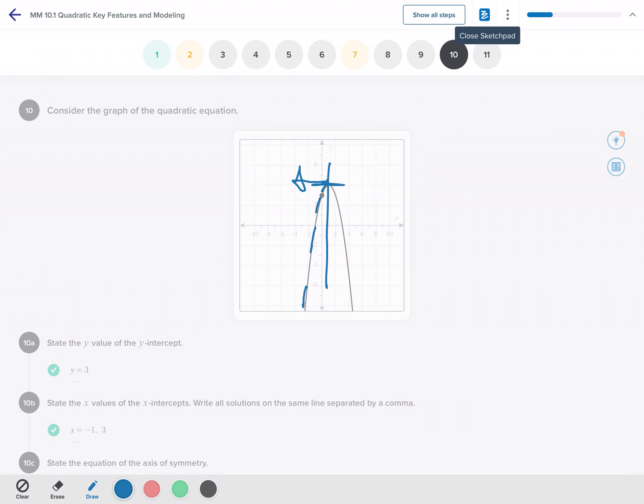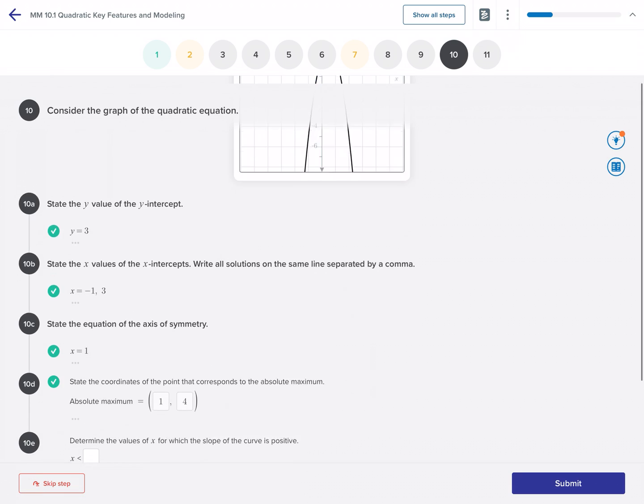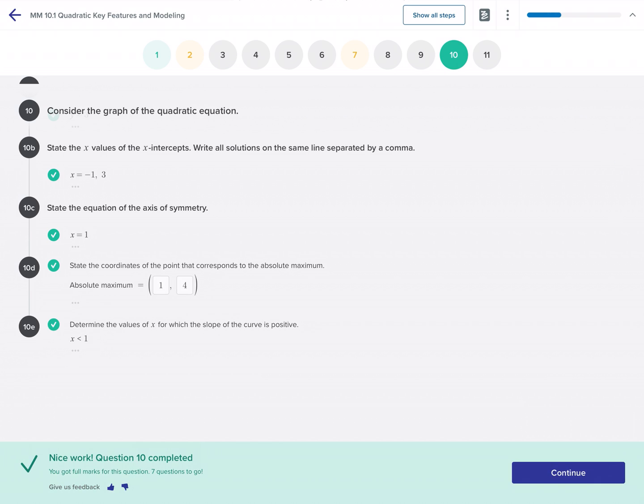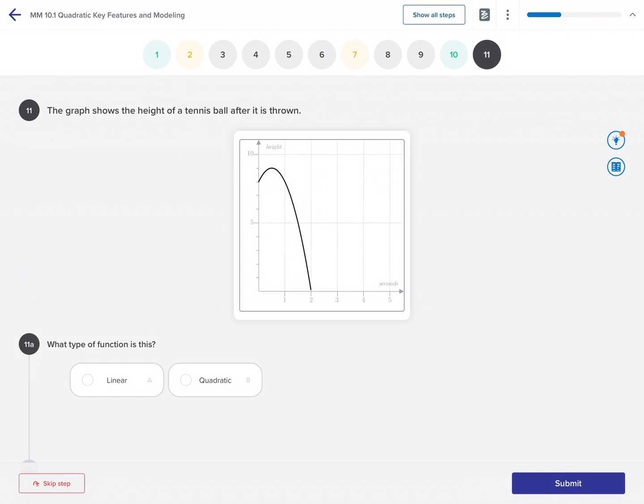At the vertex, the slope is 0, and then it starts to be negative and more negative, okay? So it would be all x values less than 1. Okay, and we're completed. You can go on and finish all the other stuff that you need.